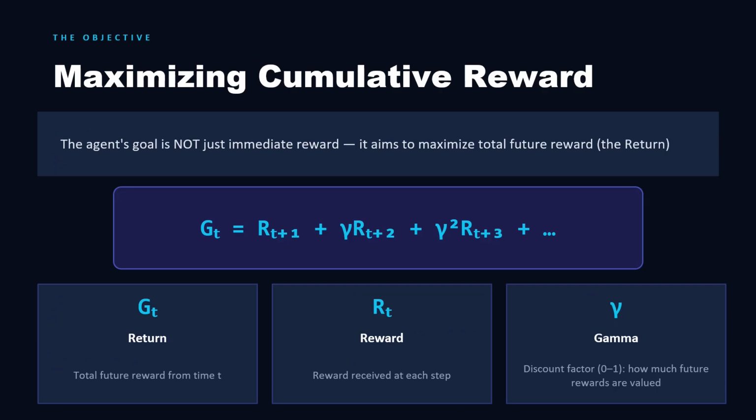The goal of the agent is not just to get immediate rewards, but to maximize total future rewards. This is called the return. Future rewards are often discounted using a factor called gamma, which determines how much the agent values long-term benefits versus short-term gains.